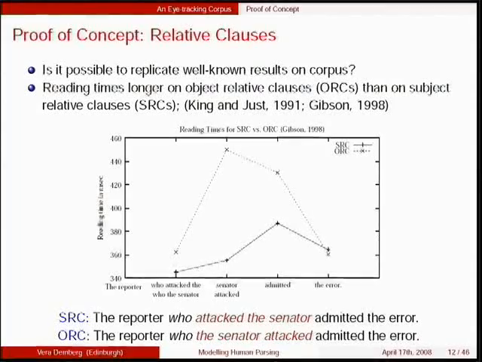So this graph here is not from my data. This is from the literature, and this is self-paced reading times. The curve above is for object relative clauses, and simply this says the reading times are longer if it's an object relative clause on this part of the sentence.